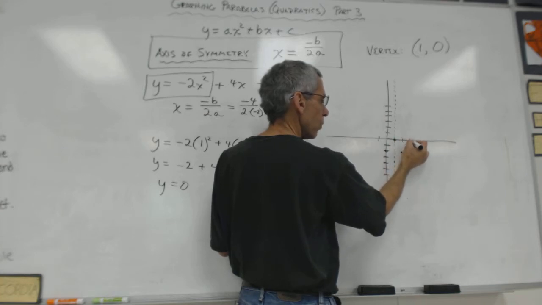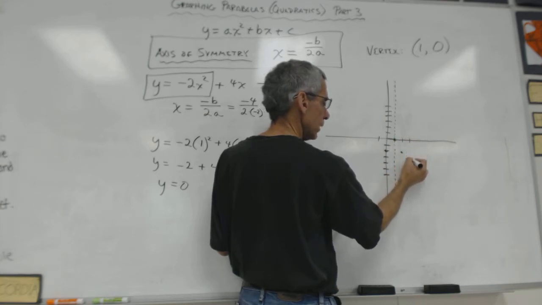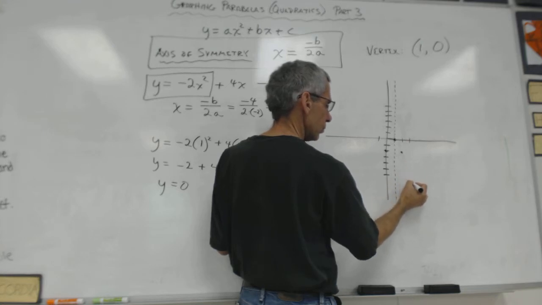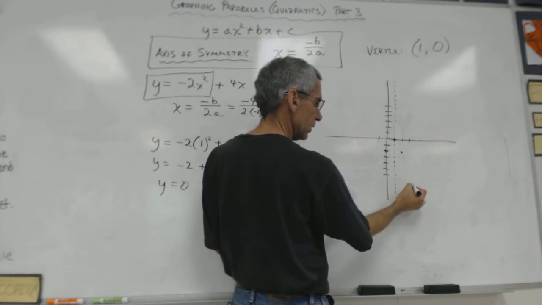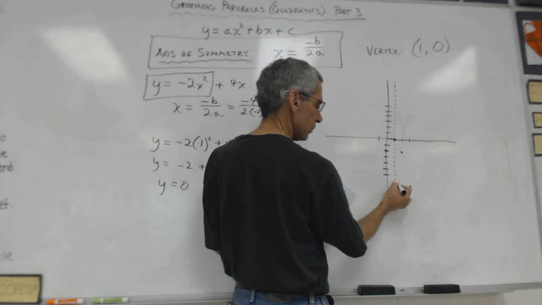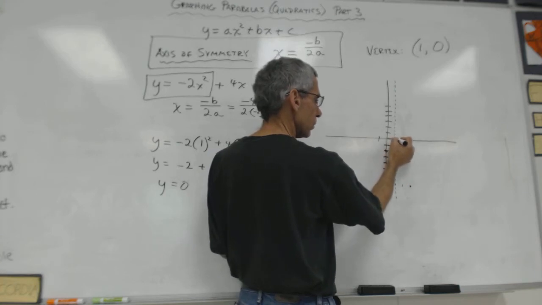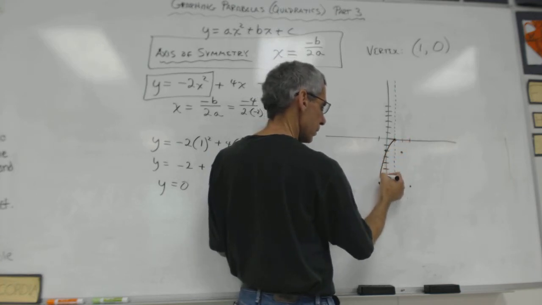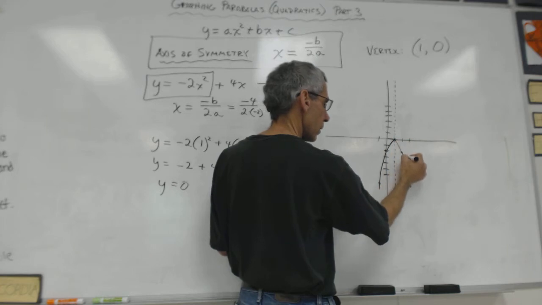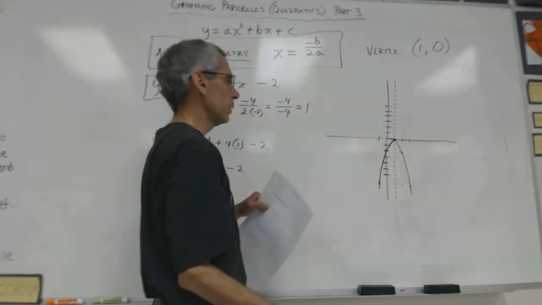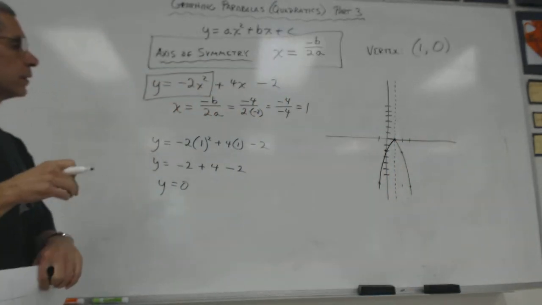Over 2, down 4: 1, 2, 3, 4, and then down 4 again. 1, 2, 3, 4, or something like that, right? And I know that the distance from here to here is the same as the distance from here to here. So I'll just put it because I know it's symmetrical. So now I just draw it, and looky there. Isn't that great?